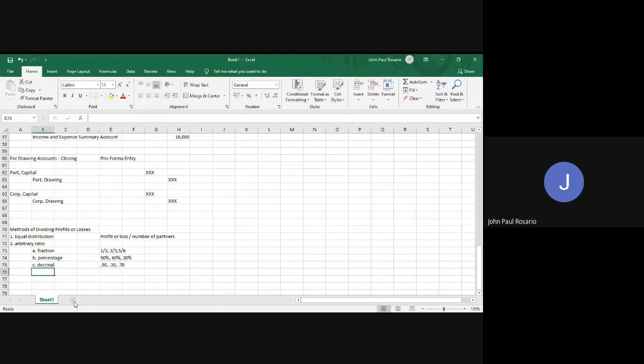And a ratio, like 1 is to 4 is to 5, or 25 is to 50 is to 25. So that's what we call ratio. This is arbitrary ratio, meaning it depends on their agreement.